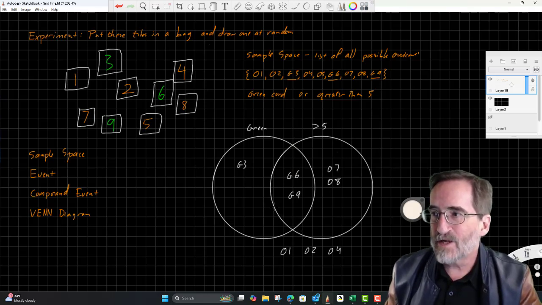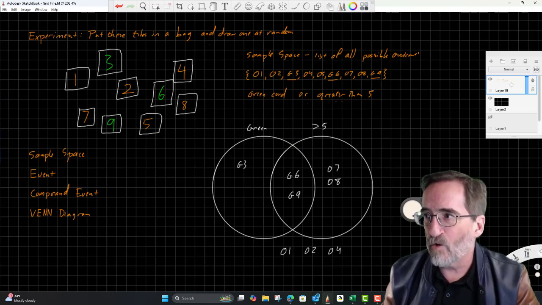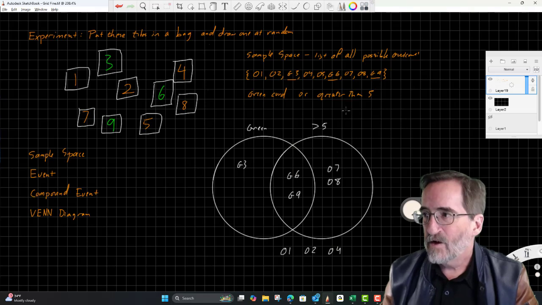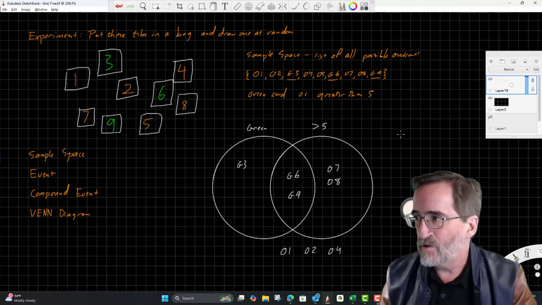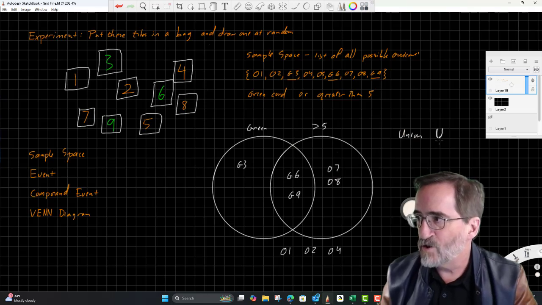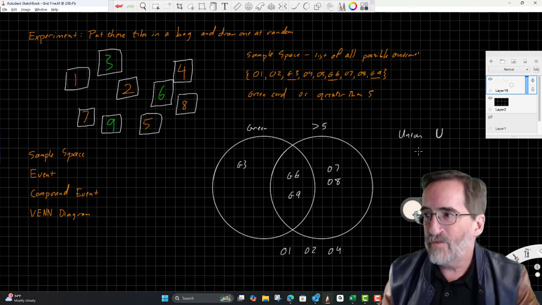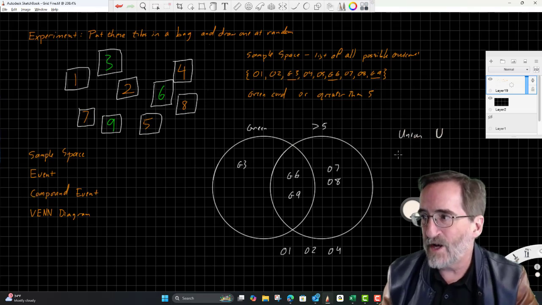When I want to talk about getting a green card or greater than 5, we're talking about union. Not onion, but union. The symbol for a union is a big U-shaped symbol, and it means to include the members of both sets.